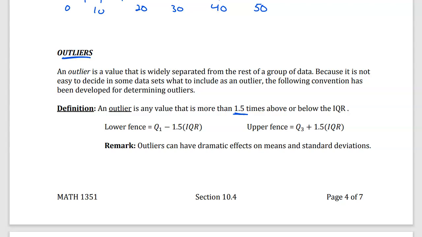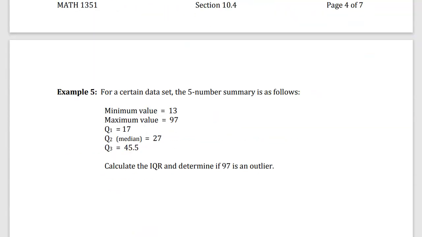These outliers have drastic effects on our mean as well as on our standard deviations, which we will discuss in just a little bit. But let's look at how to actually calculate outliers.